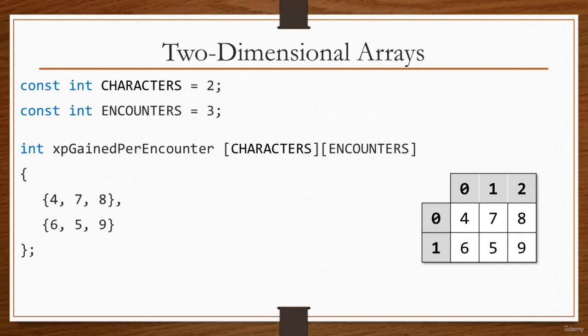We've seen how to declare these 2D arrays, but how can we now initialize them? Well, you can see I have essentially the same thing here, those two constant variables that will specify the characters and the encounters. Then we have that list once again, but instead of passing in single values like we had before, we are now passing in these lists. So it is basically a list that contains other lists, right?